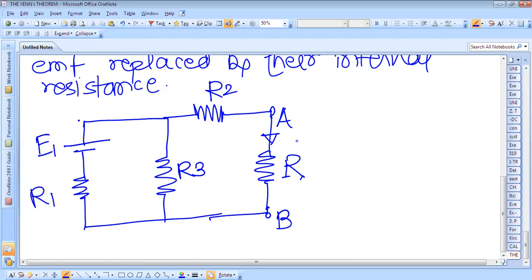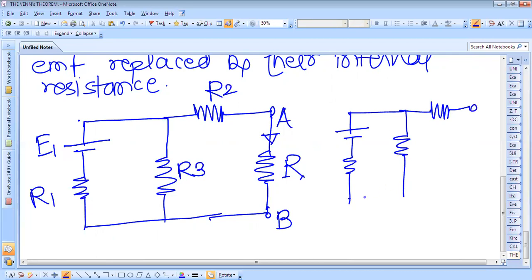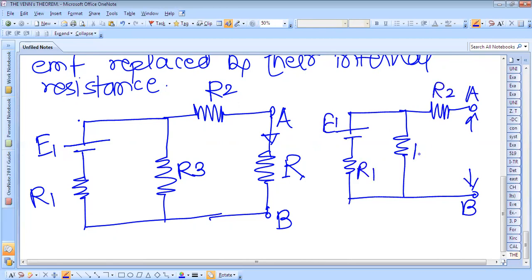So we have seen that we have to open circuit, we have to disconnect the load. If you disconnect this, your circuit will become like this, an open circuit at terminals A and B. So this is E1, this is R1, this is R2 and R3.